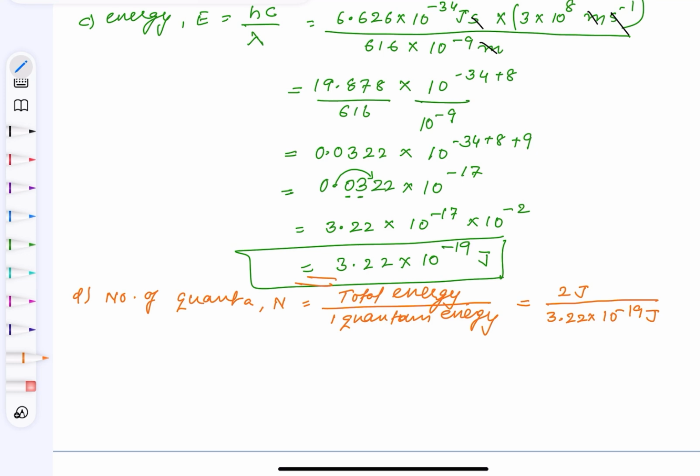So when you divide 2 by 3.22, you will get 0.619 into, you can take 19 above, so it will be plus 19. Joules will be getting cancelled off. You just need to find out the number of quanta. So finally the answer would be 6.19 into 10 to the power of 18, because we are shifting the decimal point towards right. So that would be the final answer.